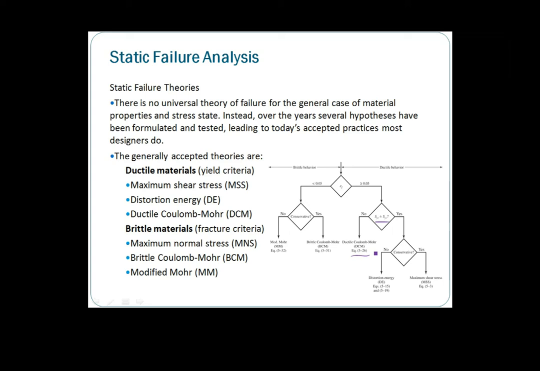That is just a flow map that basically tells you which category or theory is suitable. If yes, and usually they are the same, if you're using structural steel, they have the same compressive and tensile yield strength, right? Then it comes down to here, where you have two criteria: MSS, maximum shear stress, and distortion energy.